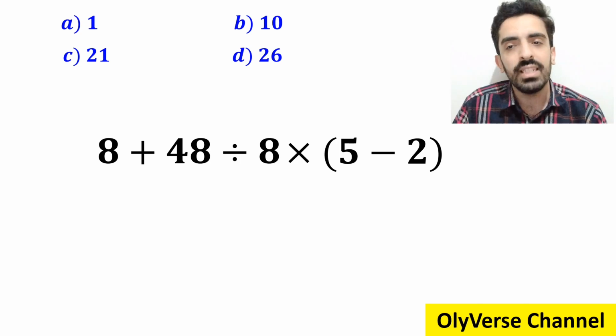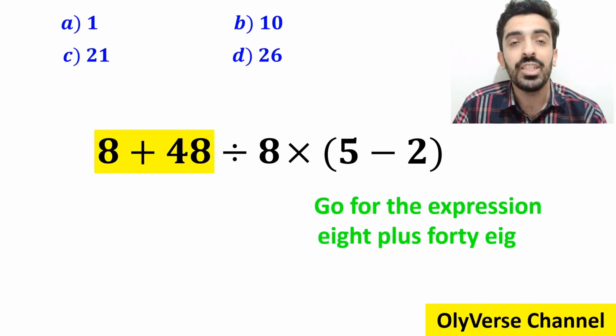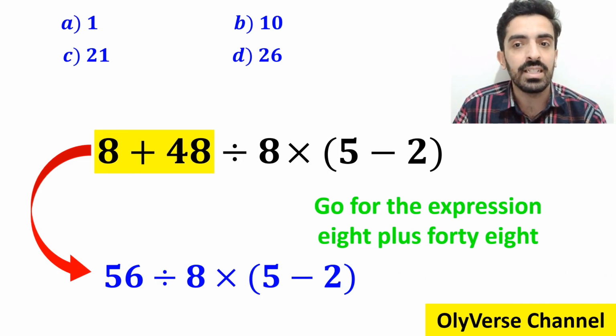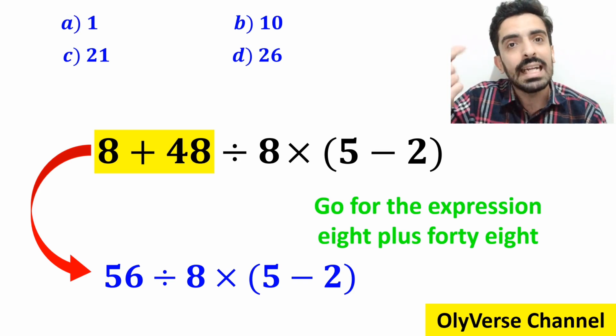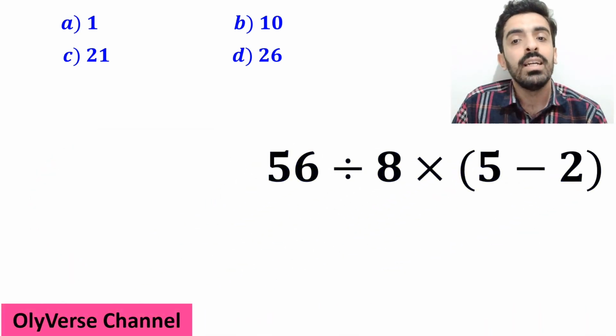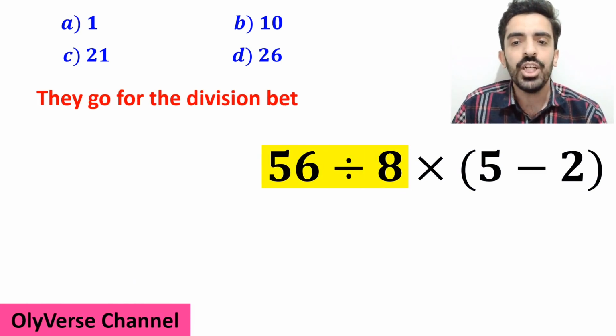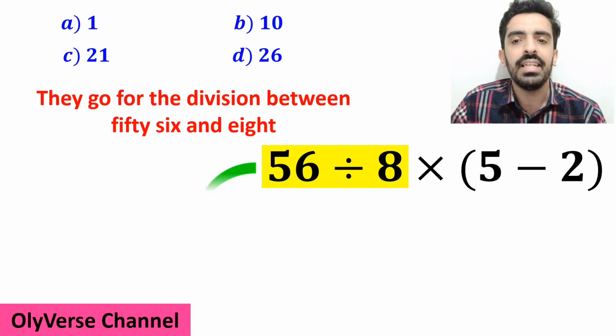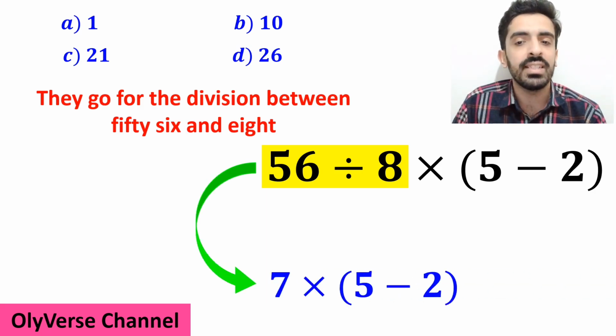Many people, when solving this question, first go for the expression 8 plus 48 and write this expression as 56 divided by 8 multiplied by 5 minus 2 inside the parentheses. And the next step, they go for the division between 56 and 8, and this expression simplifies to 7 multiplied by 5 minus 2 inside the parentheses.